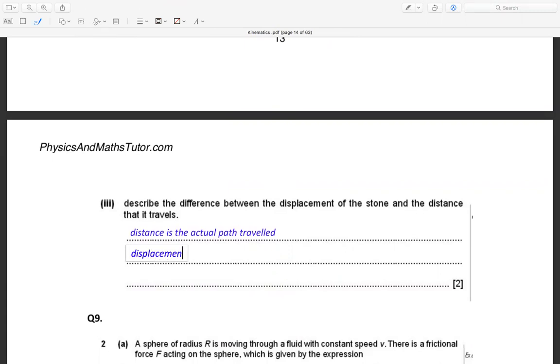Displacement is the straight line distance between start and finish points.